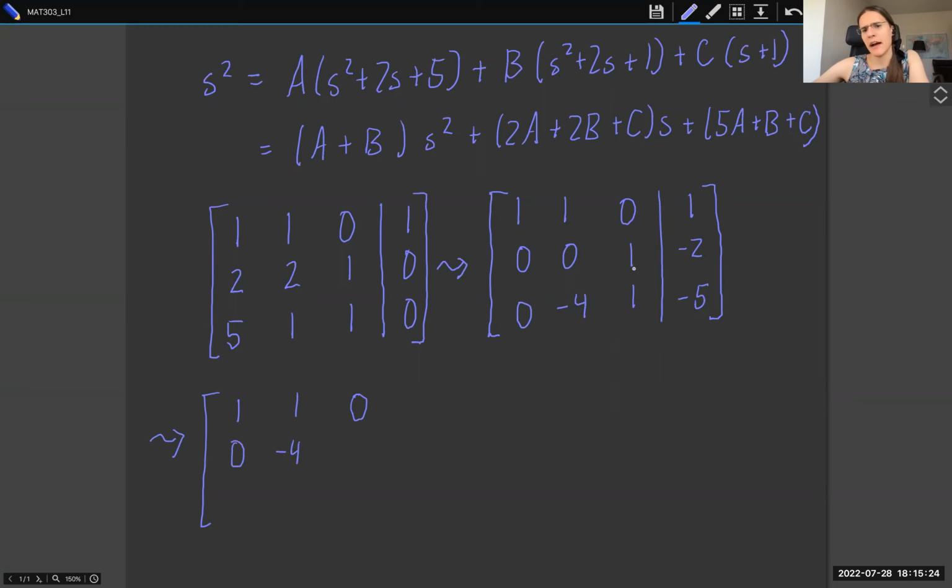And I subtract 1 from here. Then I'm adding 2 to here, so I'm going to get -3. And then this row I'll keep as is.